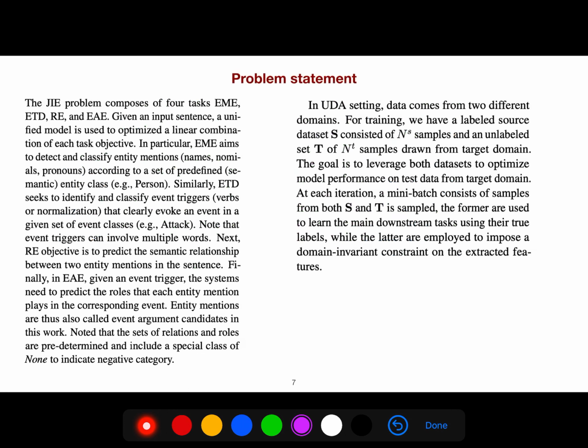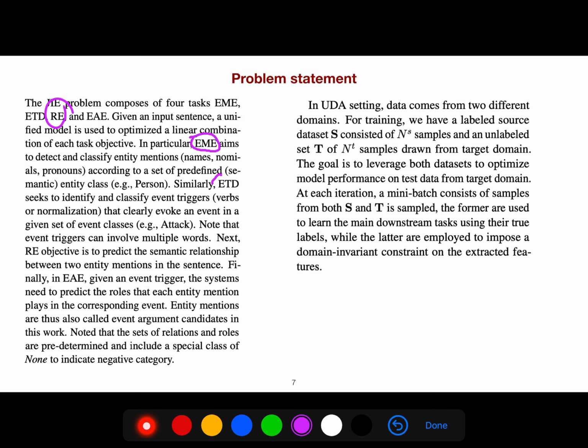So it is composed of 4 tasks: given an input sentence, a unified model, because one task is, for example, relation extraction, and the other tasks, all of them are related to each other. So in particular, it aims to detect and classify entity mentions, for example, EME, entity mention extraction, according to a set of predefined entity classes.